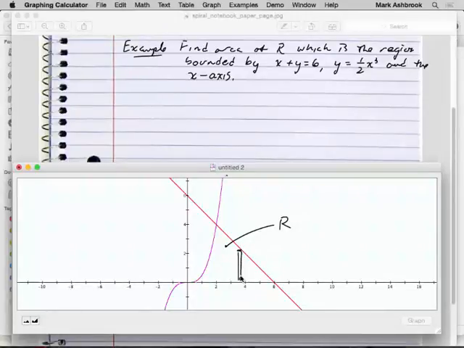The area of our strip is going to be, what's the height of it? The y coordinate.